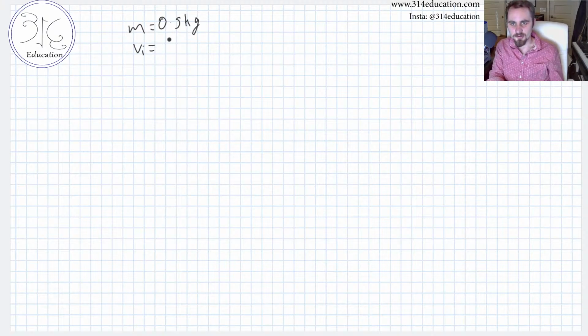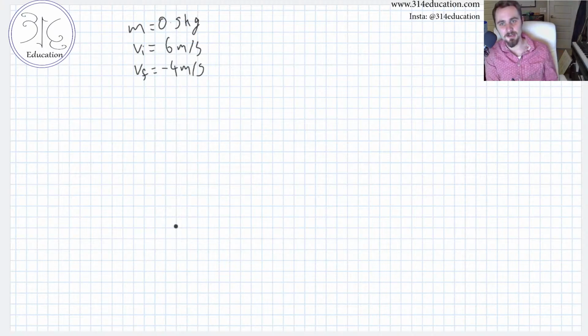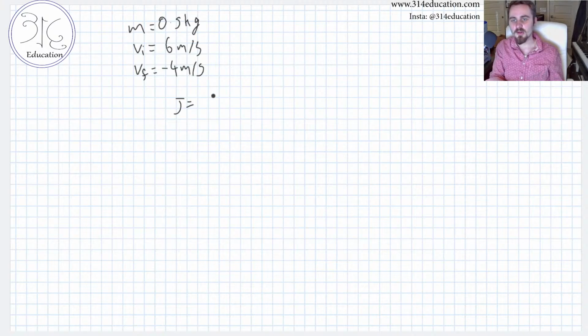So for our initial velocity, we're going to have towards the wall as the positive direction. And so this tells us that our final velocity of 4 meters per second is in the opposite direction to that, so that's going to be a negative value. And so we can find the magnitude of our impulse as just the change in our momentum, or our P final minus our P initial.